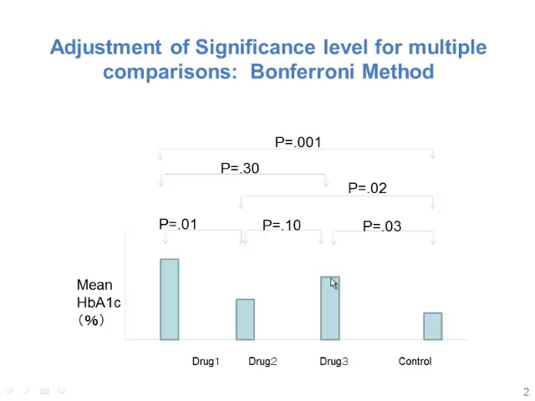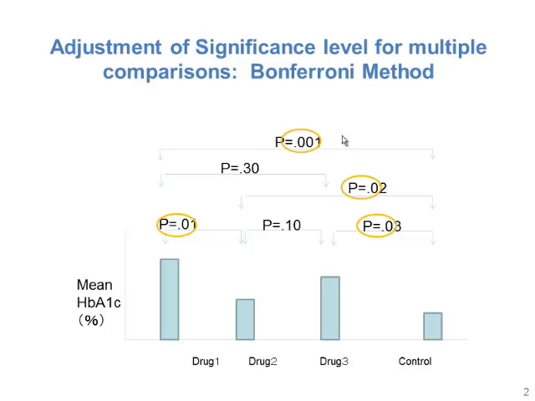When you have 4 groups to compare, you have 6 pairwise comparisons. Each pairwise comparison may be conducted using a Student's t-test, and then you have 6 p-values. Based on these 6 p-values, you may conclude that some comparisons are statistically significantly different.